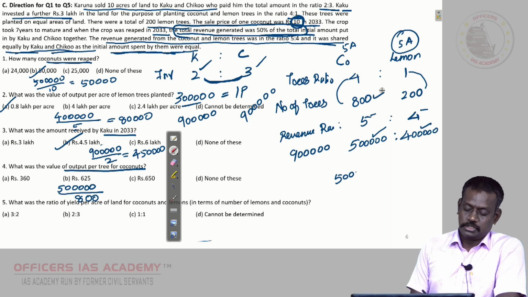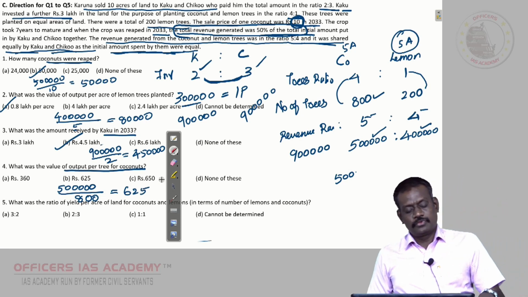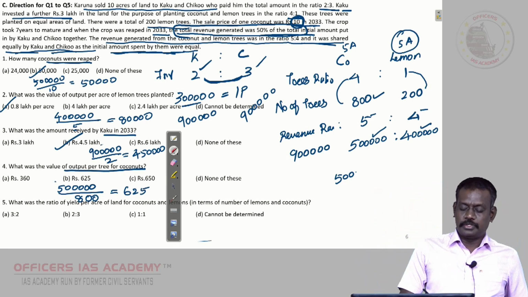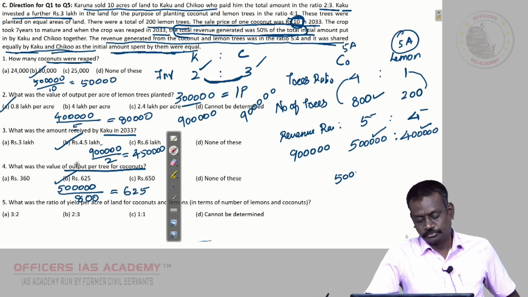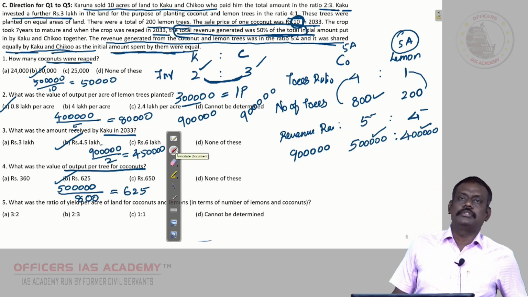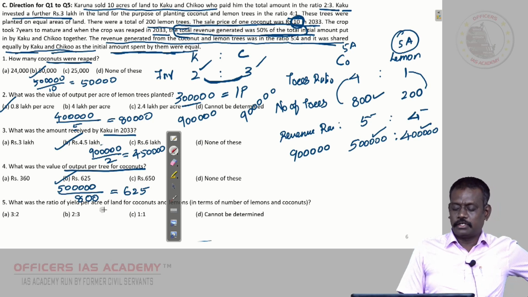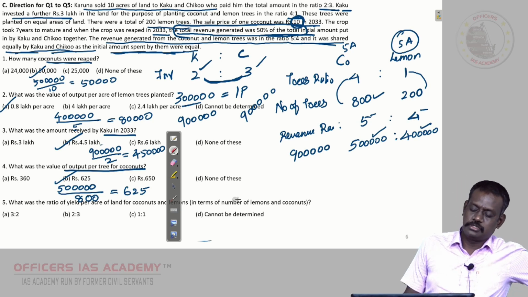So divide that by 800, you will get 625. So for every tree they will be getting 625 rupees. Okay, 625 rupees. Understood, children?